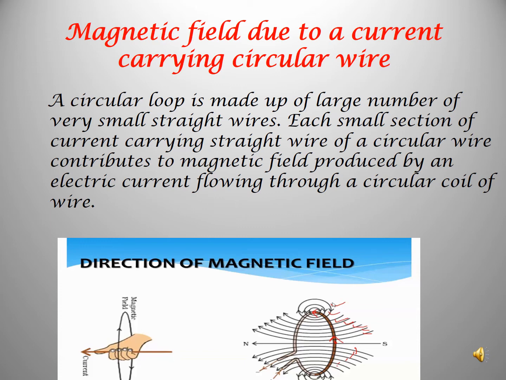So, if you just keep on placing small parts of straight wires, you will get the net magnetic field around a circular wire. For each part, you can apply right hand thumb rule.